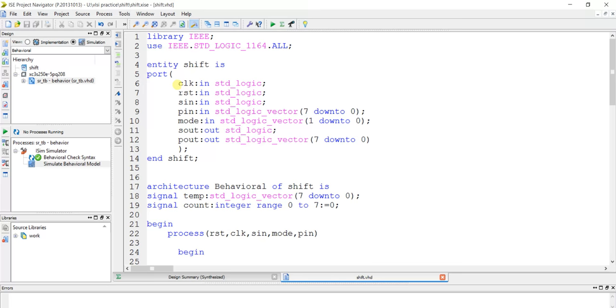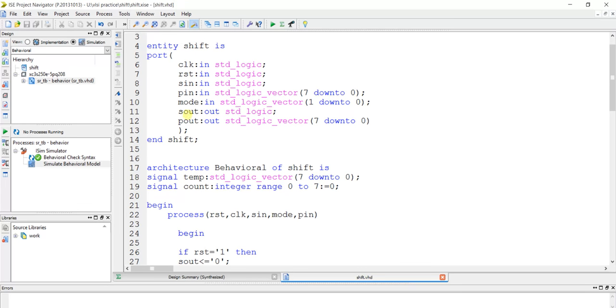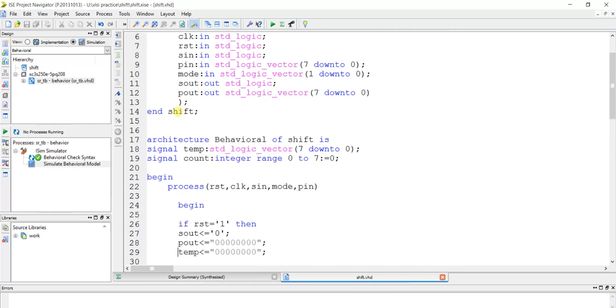Parallel in will be 7 down to 0 because it is an 8-bit parallel input. To select the mode, I have taken 2 bits, that is mode 1 down to 0, and the type is std_logic_vector. This will select one of the four modes: SISO, SIPO, PISO, PIPO. Your outputs are serial output and parallel output. Parallel output is 8-bit, as I told in the diagram.